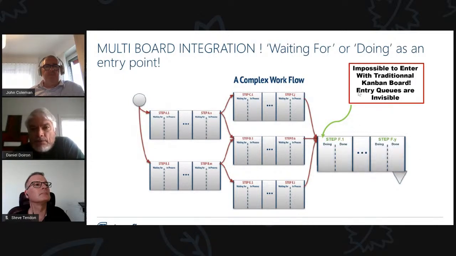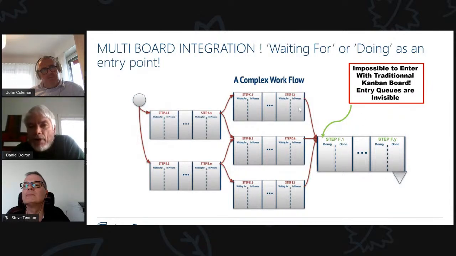But what happens if I have a traditional Kanban board? Well, they get into the doing stuff, but they're not doing, so they have to stay out. It's like a push, isn't it? Yes, but the thing is, with the traditional Kanban board, the entry queues are not visible.